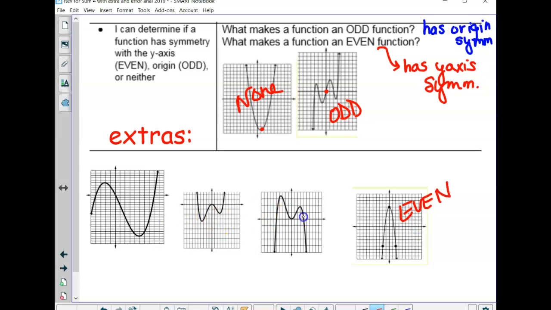But what about any of these down here? All neither? Everybody good with that? Anybody have a question why one is neither? Okay.